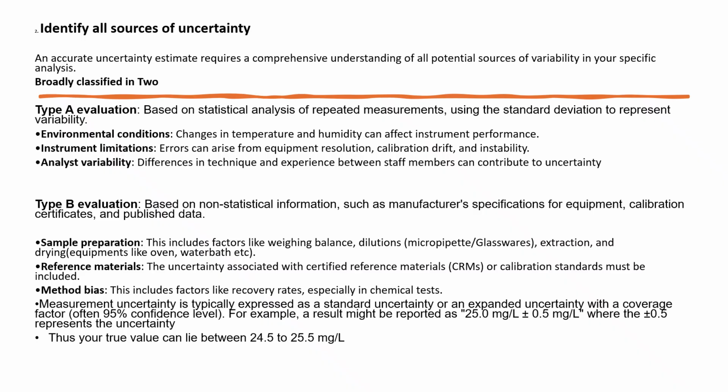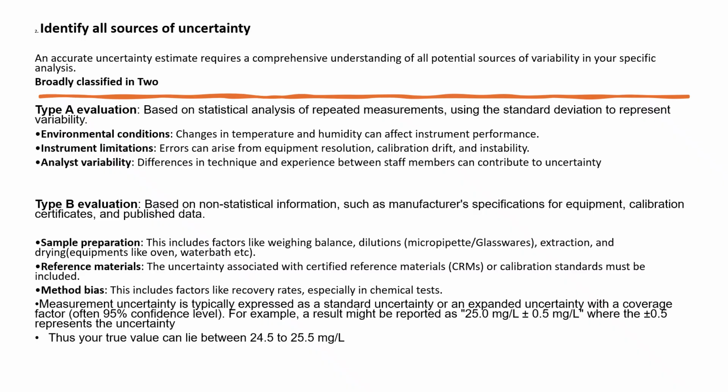You have to just take the uncertainty value, and there's a table where you put all your uncertainty. The type A uncertainty is taken from the standard deviation of your repeatability result, and in type B all the uncertainty that is provided by your external calibration for balance, micropipette, and CRM is taken into account, and these two, type A and type B, are combined, and we get a combined uncertainty value with the 95% confidence level.